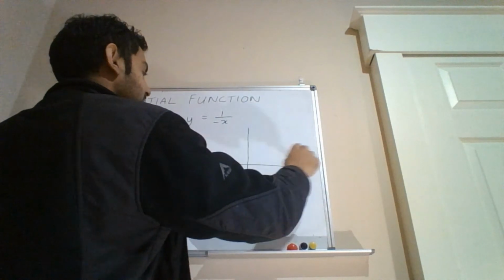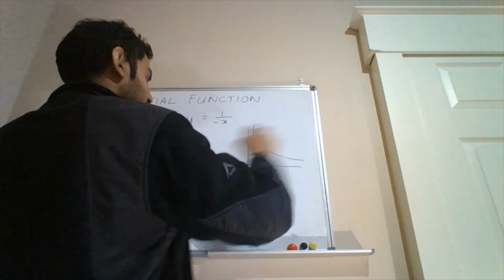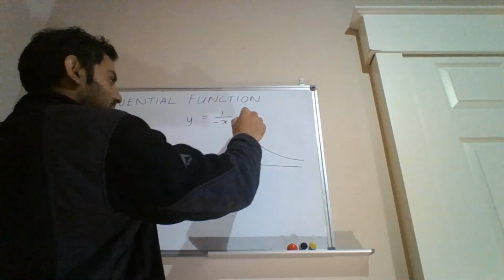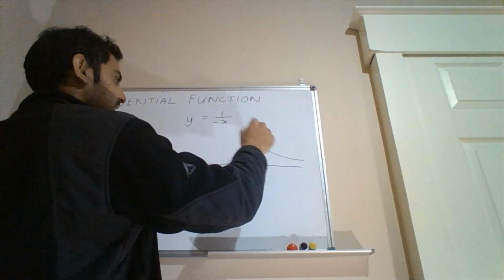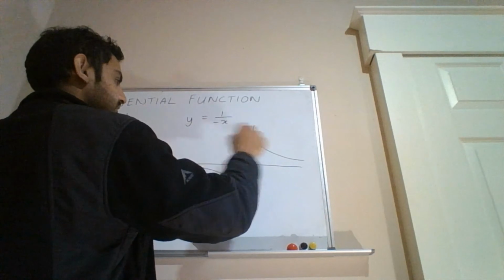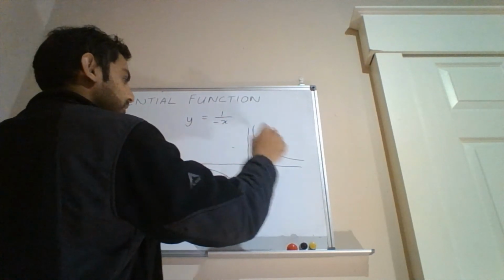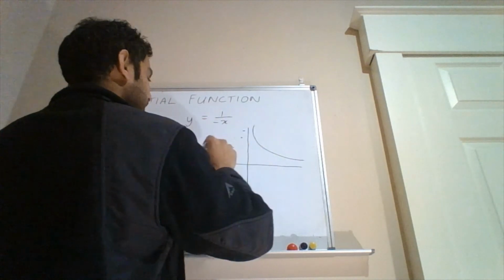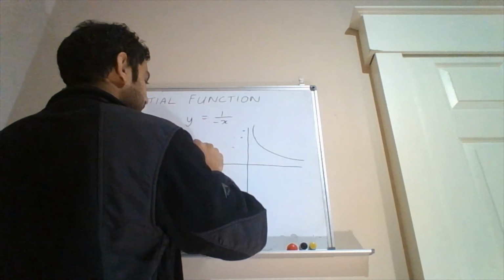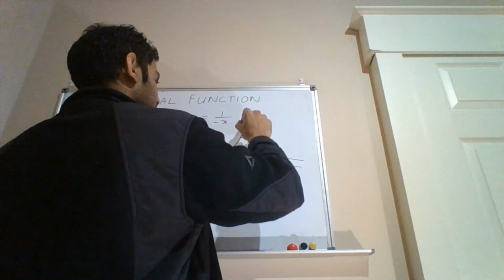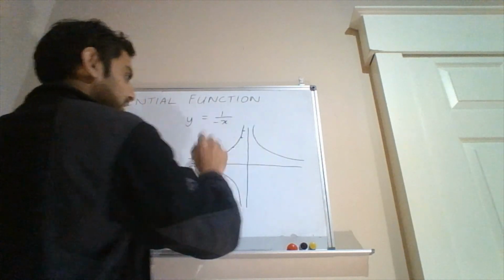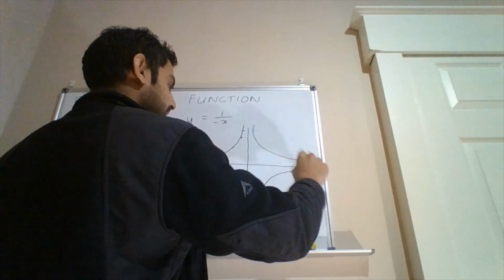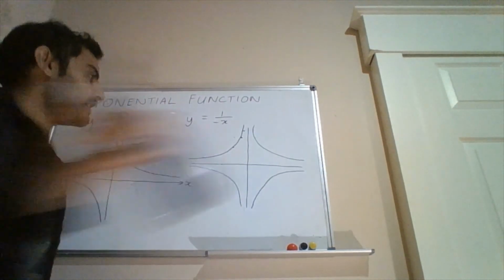How will this look? I'm going to sketch our old graph like this, and if we flip this point here, this point, then this branch would reflect like that, and the lower branch would reflect over there.